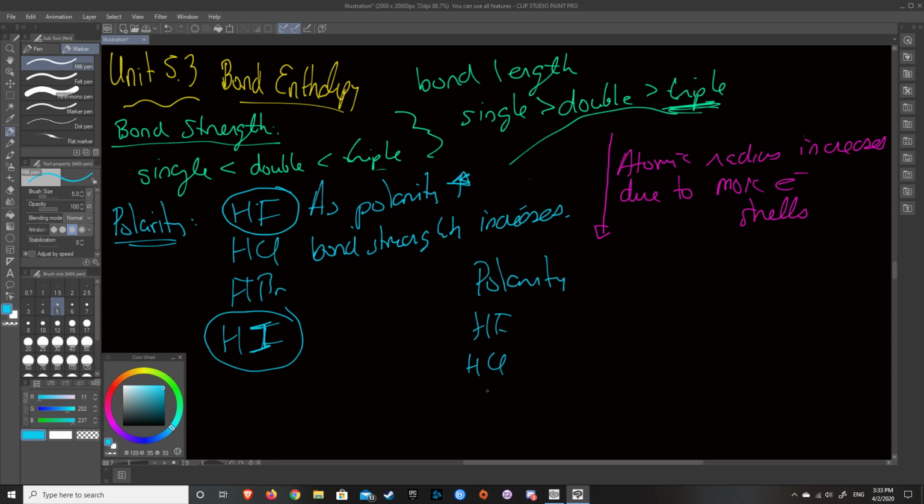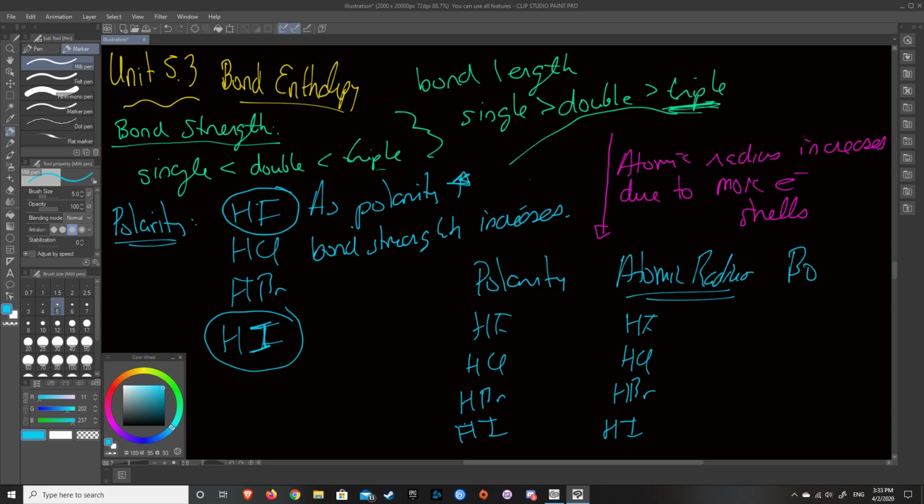HF, HCl, HBr, and HI. And we've talked about atomic radius, which is HF, HCl, HBr, and HI. And then we talked about bond strength. So we've got all of these things simultaneously overlapping.